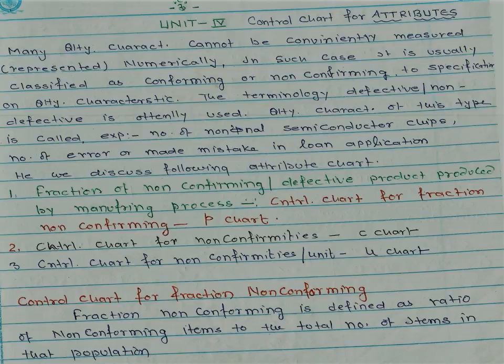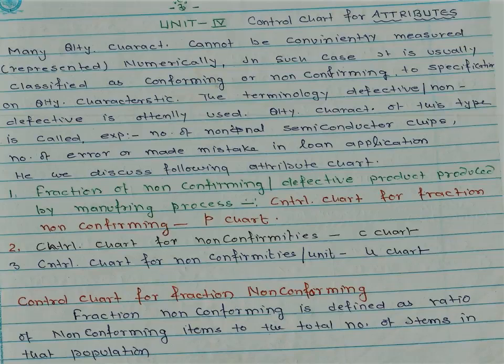Another example is the whitewashing of buildings. When we inspect the whitewash, we find that in some areas of a particular wall the color is not uniform.